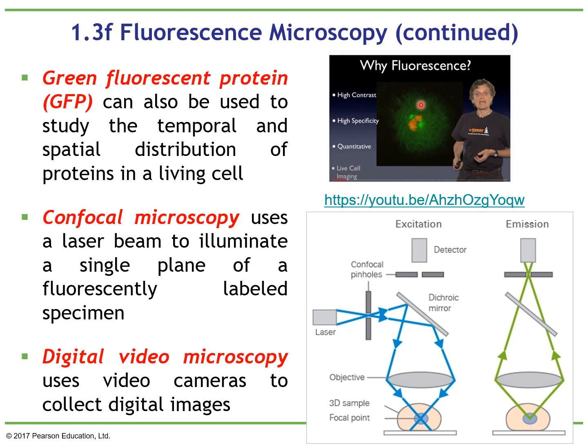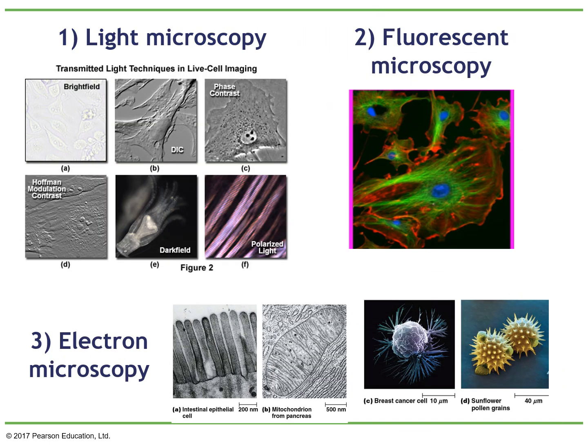Okay, so now to finish, I'm going to show you the last video, and we are almost done. Now you're an expert on these two types of microscopy, and we're going to move into the last one, the electron microscopy, which has the best resolution so far.